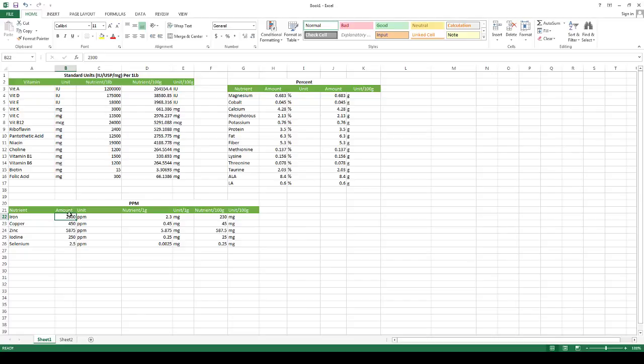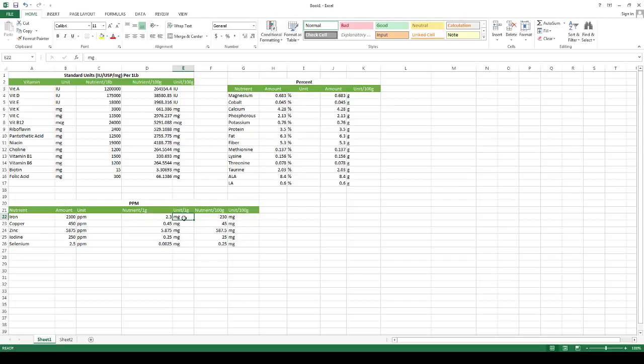So 2,300 ppm, if I'm looking at iron in 1 gram of supplement and it's got 2,300 ppm, I divide that by 1,000. Oh, it doesn't have the equation up there. So 2,300 divided by 1,000, and I'm going to get 2.3 milligrams, and that's in 1 gram of supplement. So that's what all of these are.